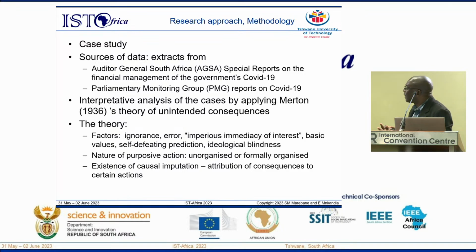And we also have to determine that the action that was taken, was it a purposive action? Was it just an informal thing? And lastly, we must check if there's existence of causal imputation, meaning are we able to attribute the consequences to the specific actions that we have identified.